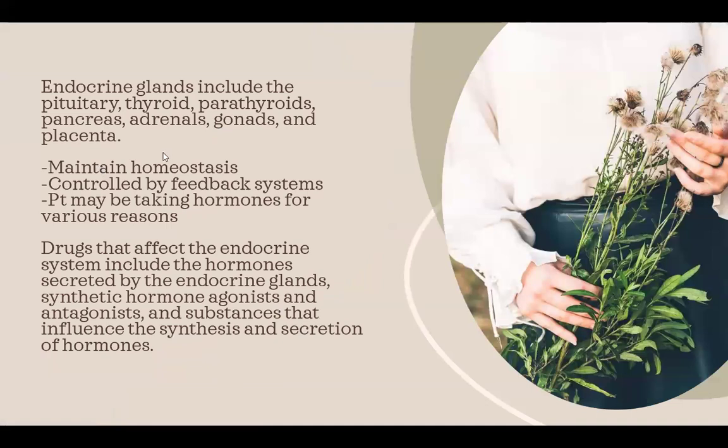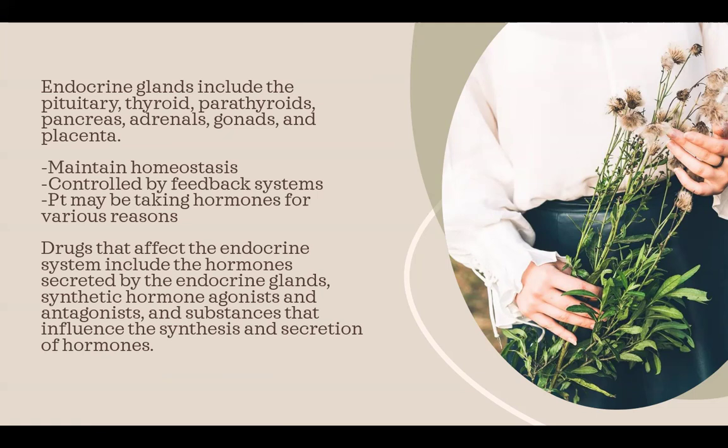Just like I said at the beginning of the thyroid section, the endocrine glands include the pituitary, thyroid, parathyroid, pancreas, that's where we get our diabetes talk, adrenals, gonads, and placenta. They all are considered part of the endocrine system. Collectively, they maintain homeostasis. They're controlled by feedback systems, just like that negative feedback loop for the thyroid.